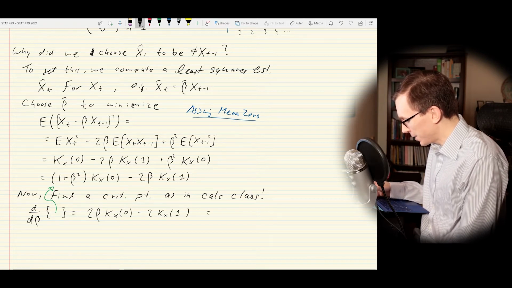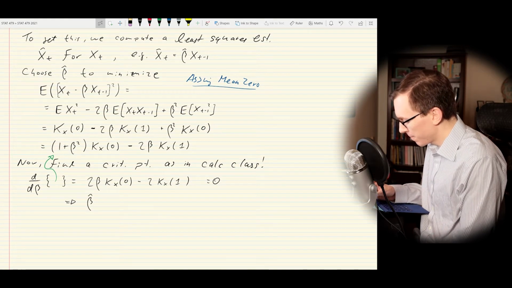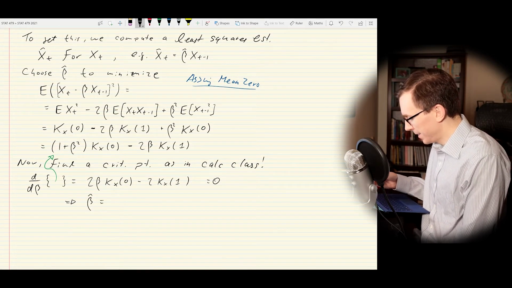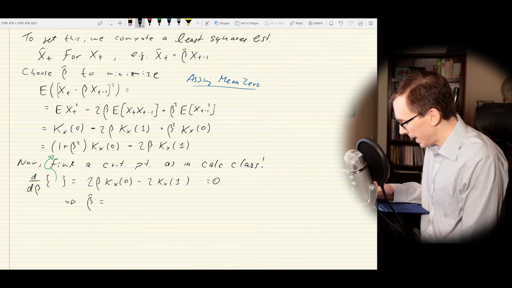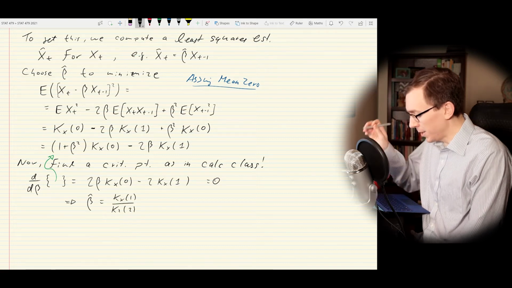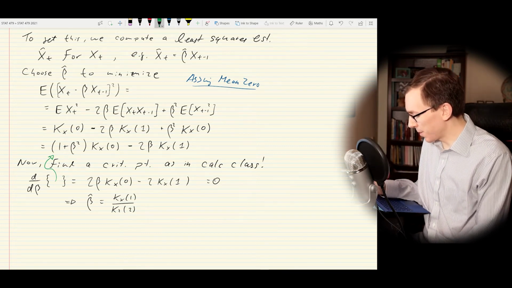By setting it equal to 0, we solve and we find out that our beta hat, our critical point, is going to be just kx1 divided by kx0.